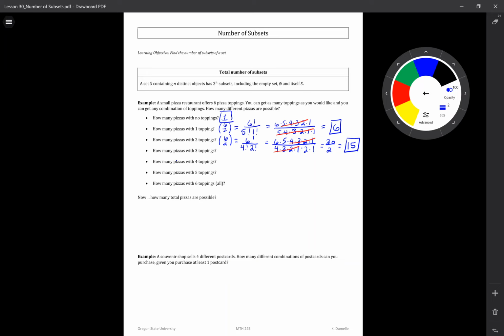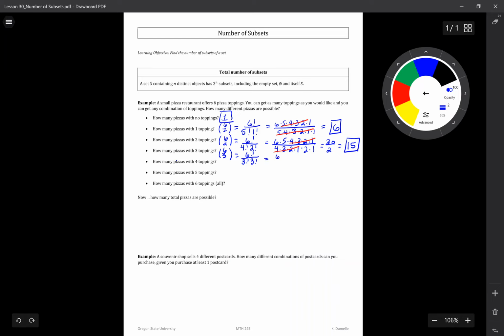What about 3 toppings? Okay, well, this is 6 choose 3, which is equal to 6 factorial over 3 factorial times 3 factorial.